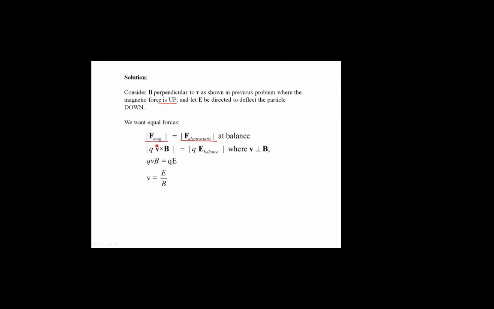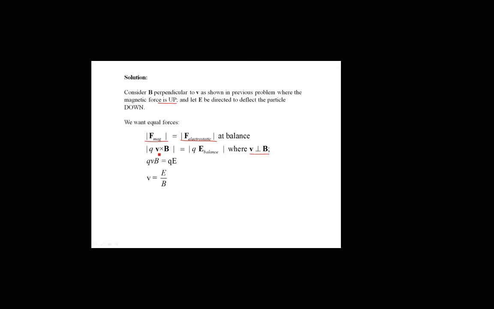So putting in our equations for the magnetic force, which is right here, and the electric force, which is here, when we have this equal to the E balance, then we will have this equality. And remember that V is perpendicular to B. So what does that do?